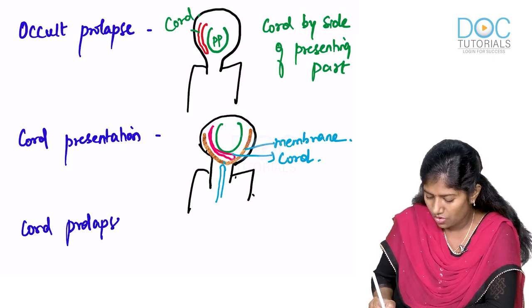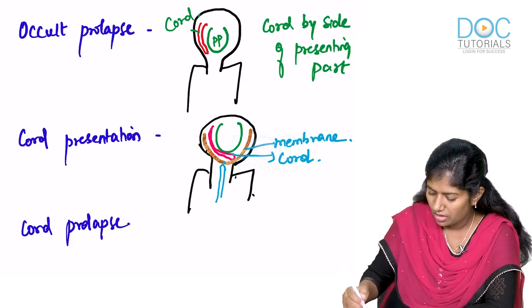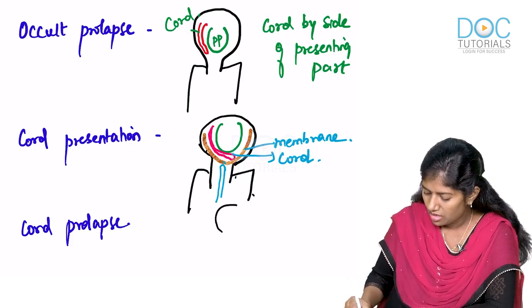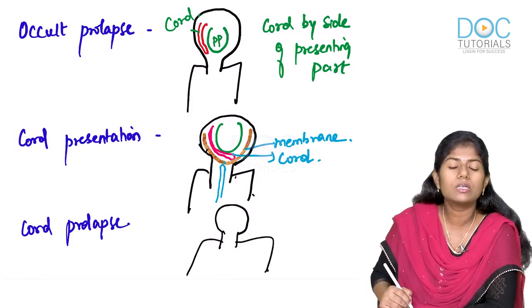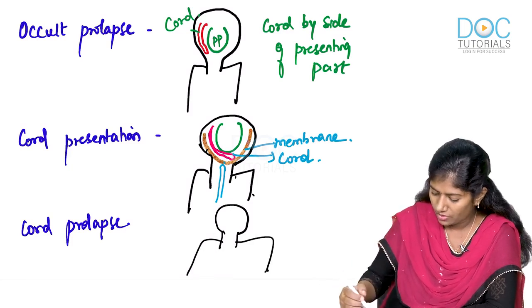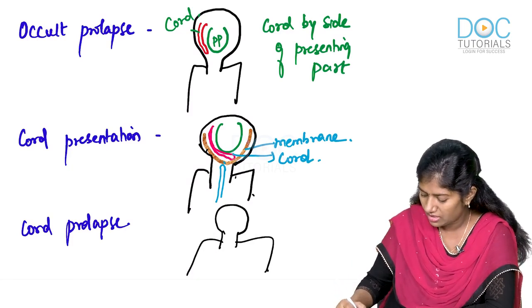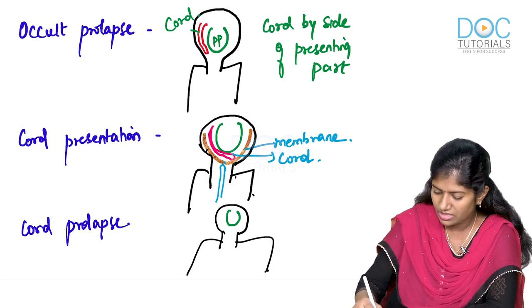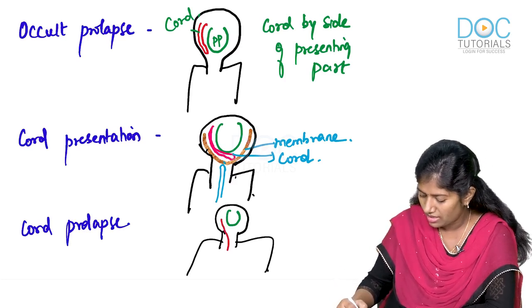Next condition is cord prolapse. Cord prolapse is where membranes rupture and the cord slips through the cervix into the vagina or to the vulva. Say this is the presenting part; here there are no membranes. The cord either slips like this or completely comes outside.